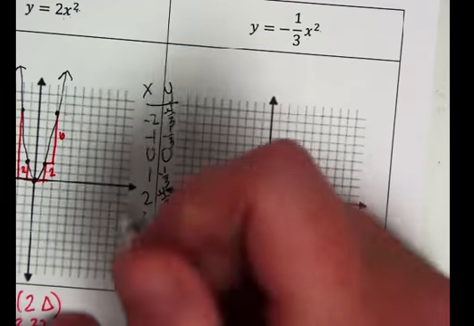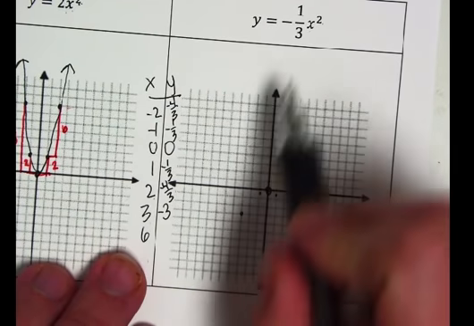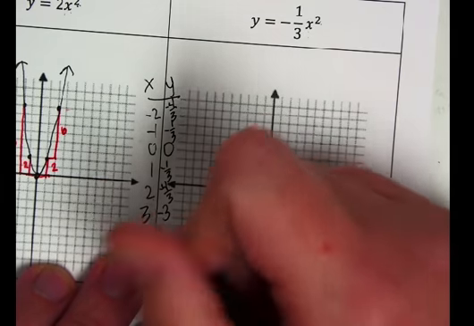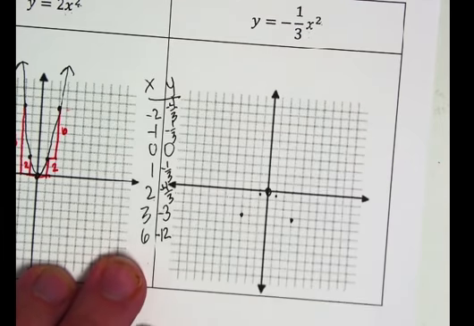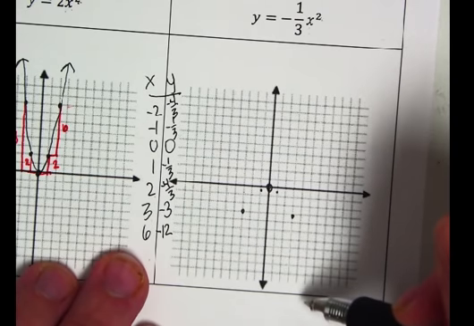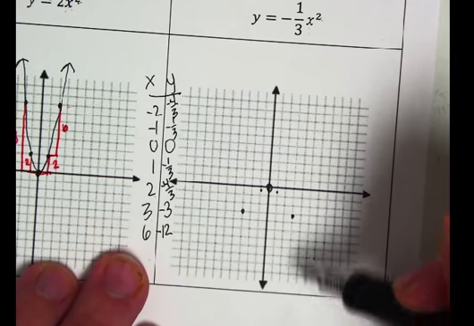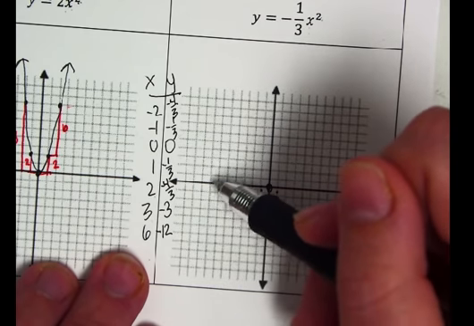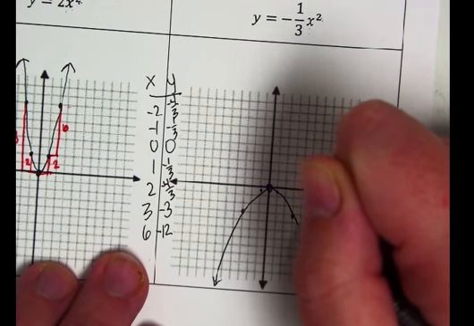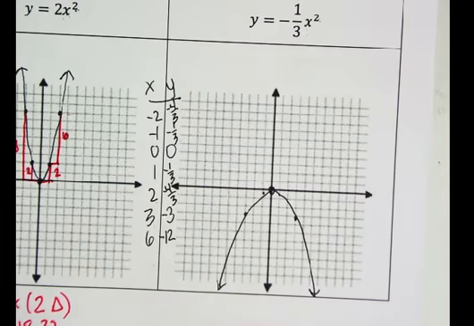Yeah, okay, so the next point would be 6. 6 squared is 36 times negative 1/3 is negative 12. So if we go over 6, we would go down to negative 12, which is off our graph. And you could go that way as well. So that tells us we at least have 3 integer coordinates on our graph.